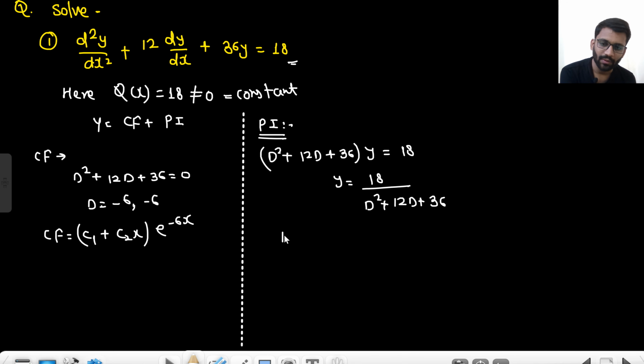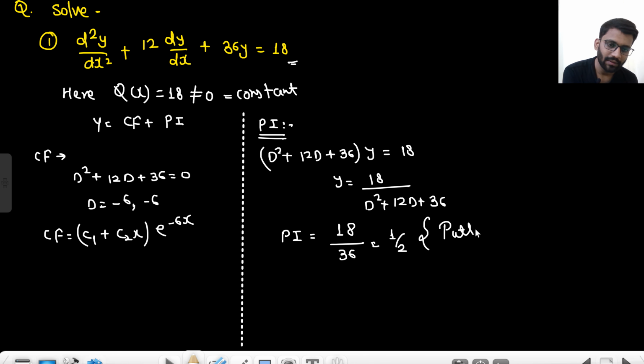For your particular integral, you will put D equals 0, right?